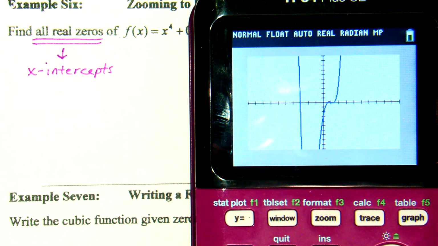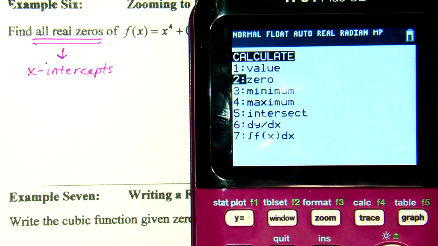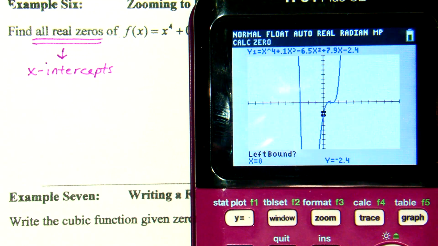How do we find a zero? On these calculators, recall we do a second calc, and to find a zero, which is an x-intercept, you go to number 2. Remember, it's asking me questions. Left bound means I need to go left of the x-intercept I'm looking for.